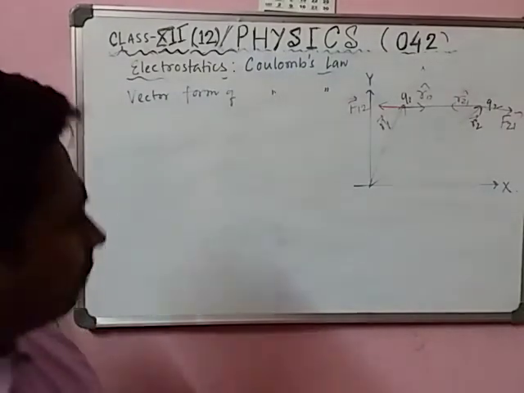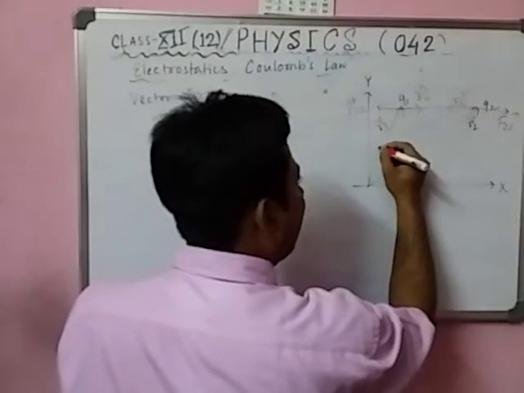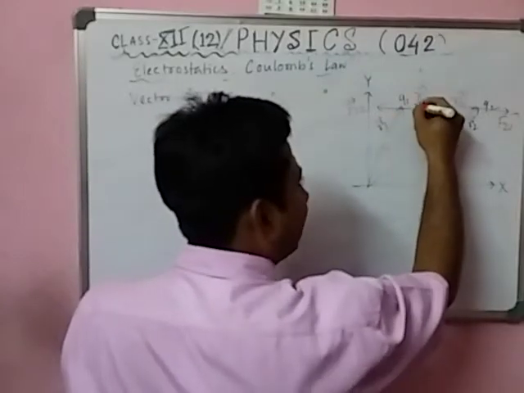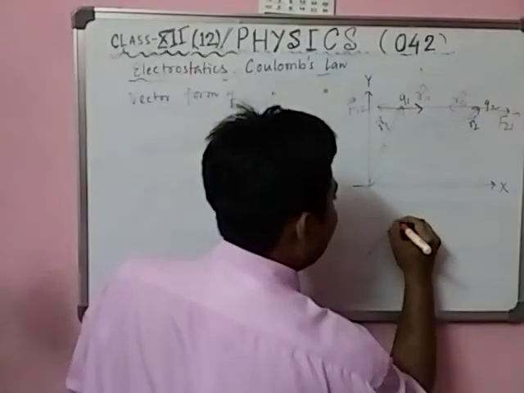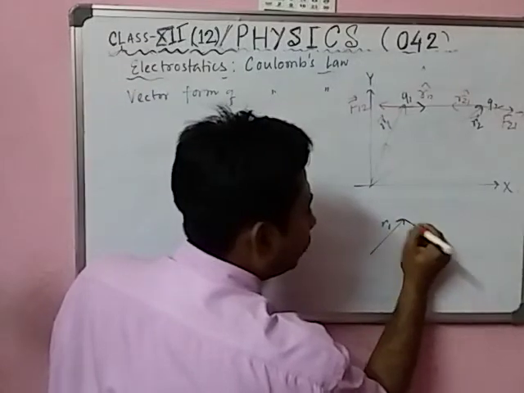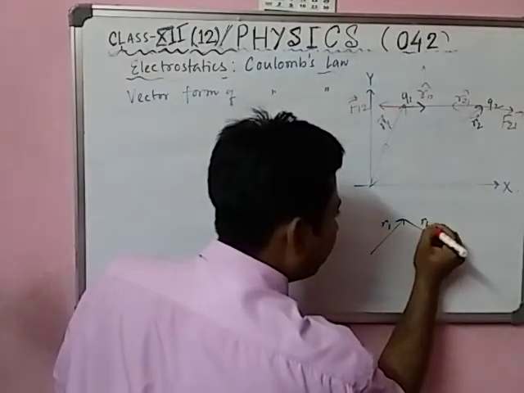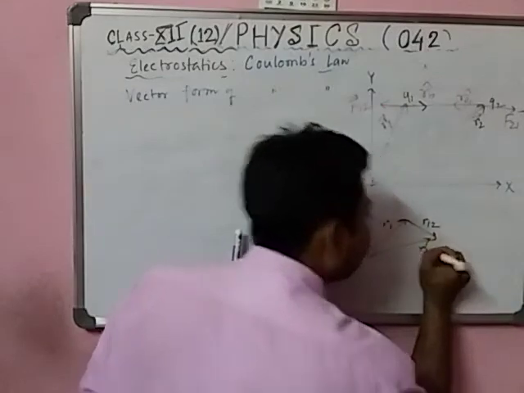Now if you write the vector triangle, this is R1, this is R12 and this is R2. So if you just draw the triangle, R1 and R12 are in the same direction, and the resultant is R2.